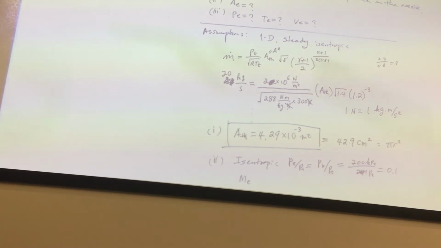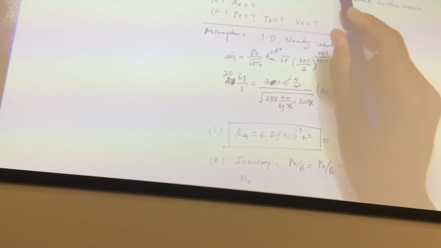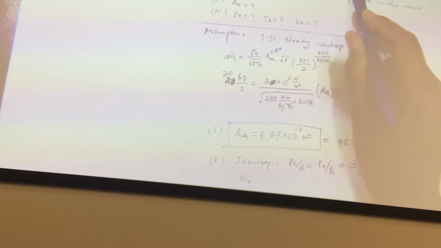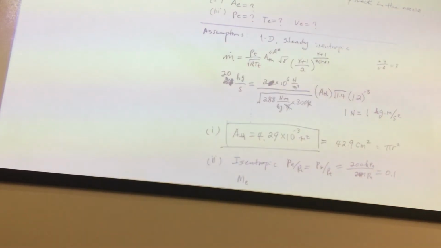You want to deliver the air at 200 kilopascal, from a reservoir at 300 K and 2 megapascal, perfectly expanded, no shock. The pressures are equal at the exit.